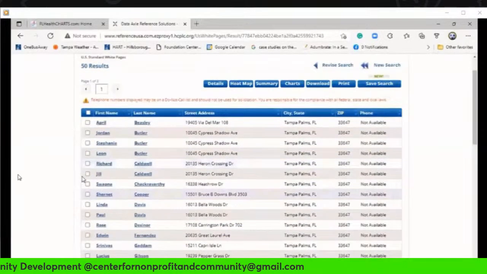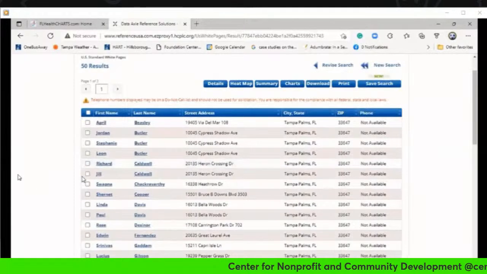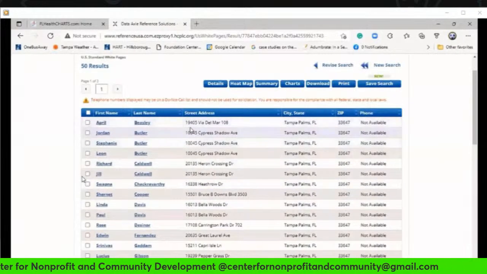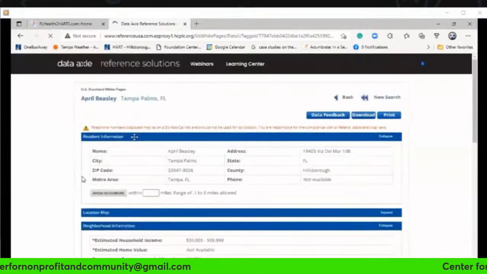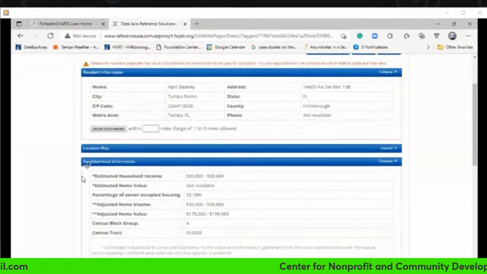And what you see when we go to this particular community, Tampa Heights, or Tampa Pines, I think it was, is that we can drill all the way down to the street level. And we can get information that will help us in putting together a needs statement.